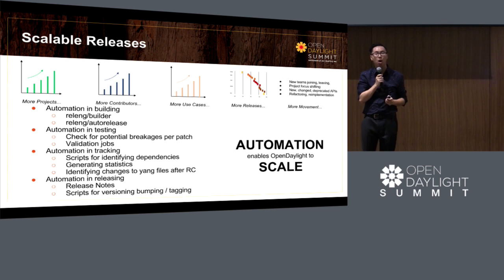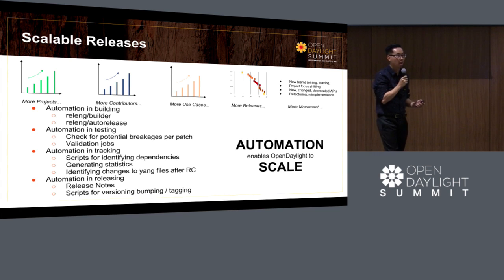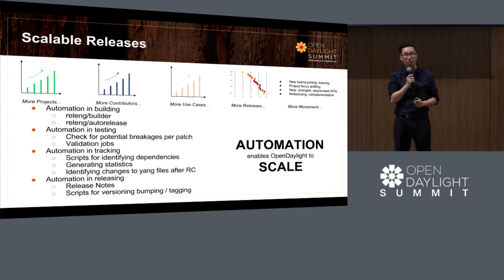So it is through automation that we are able to scale and grow as a project. And this automation includes automation in building, such as RelEng Builder and RelEng Autorelease, which my colleague Tan will discuss in a couple of minutes.